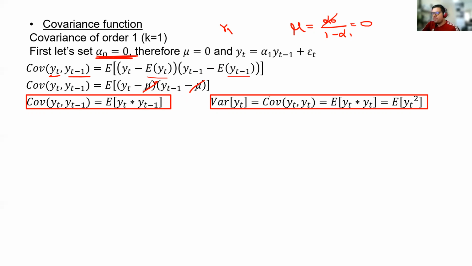This equivalency can be expanded to the case where we are calculating the covariance between one variable and itself. Statistically, that is equivalent to the variance of the variable, which will be equivalent to the expected value of that variable times itself. So we can conclude that the expected value of a variable squared is equivalent to the variance of that variable. It's an expansion of that conclusion that we got.